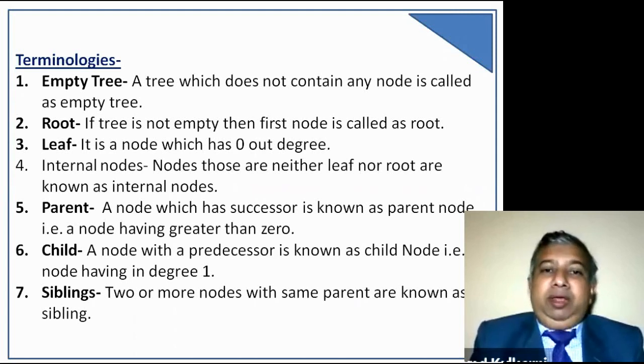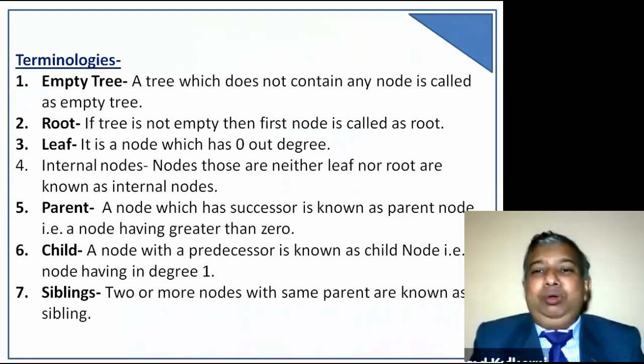If the tree is not empty, then the first node in a tree is known as root. Root always has 0 in degree. Leaf. It is a node which has 0 out degree. Internal nodes. The nodes that are neither leaf nor root are known as internal nodes.